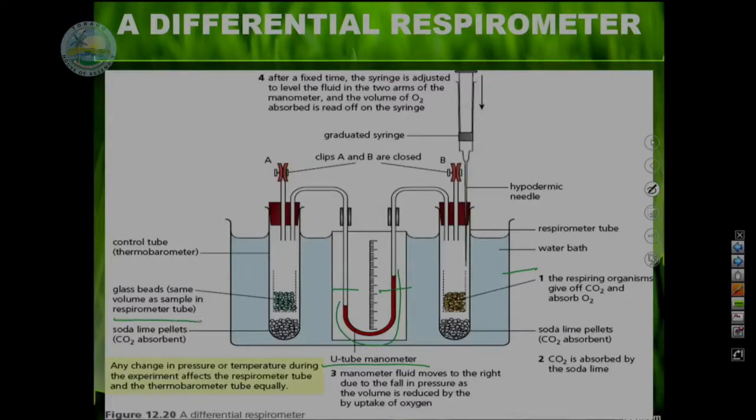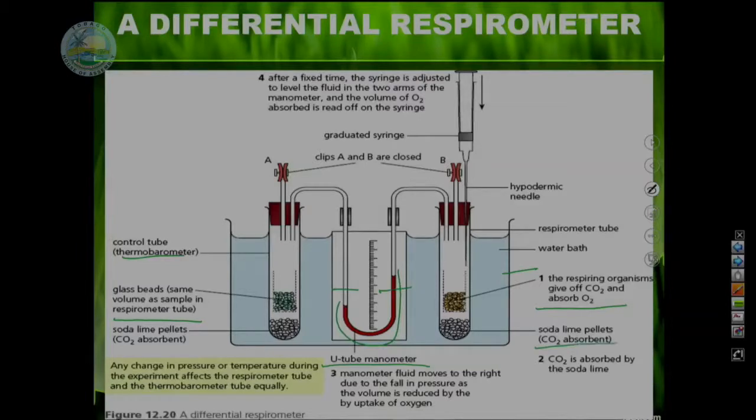We have the glass beads within this tube, and so this tube is acting as the control, right? It's acting as a control. And this one, where we have the respiring organisms, they will be taking up oxygen and giving off carbon dioxide.